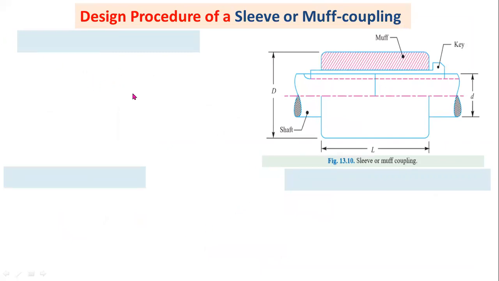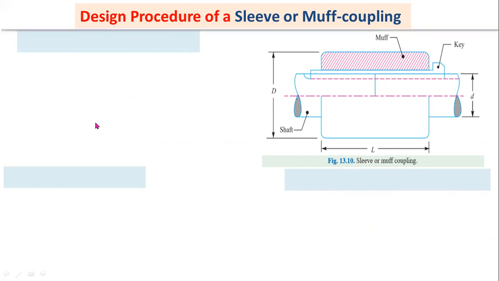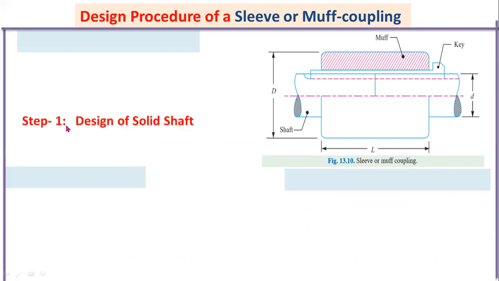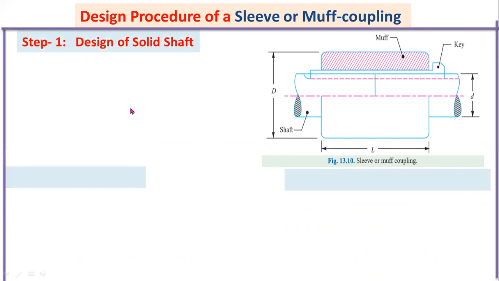Now I am going to explain the design procedure of a sleeve or muff coupling. In the first step, you have to design a suitable diameter of the solid shaft. To transmit the required power from one shaft to another shaft, we need to design a solid shaft.